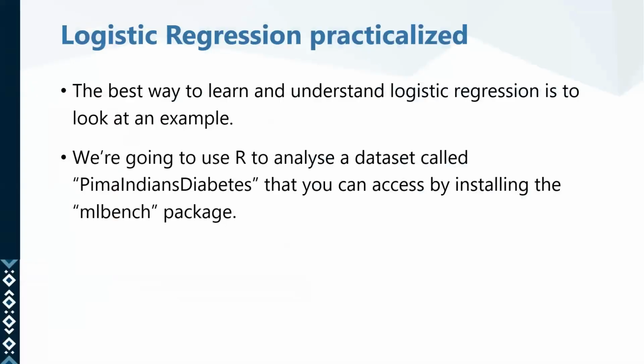Okay. So we're going to see practically how to use logistic regression to solve our problems. And the best way to do this and understand it is usually to look at an example. So we're going to be using R programming to analyze a data set. This data set is called Pima Indians diabetes.